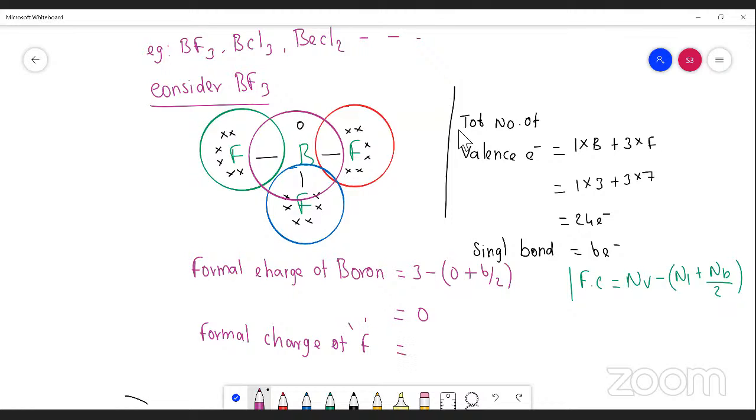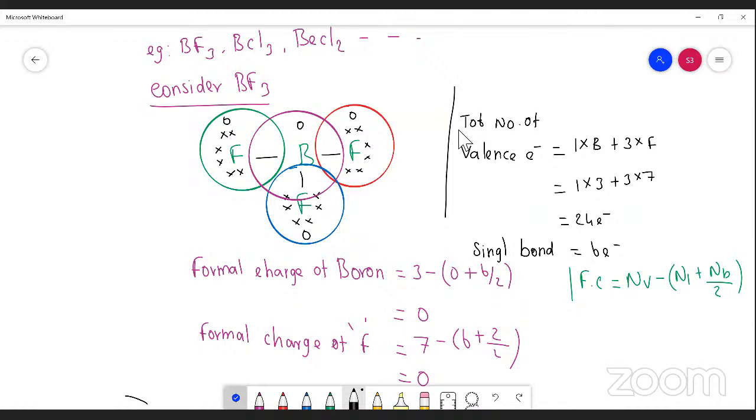The valence electrons are 7, the lone pair electrons are 6, that is 3 lone pairs, plus the bond pair electrons 2 by 2, so this is also 0. All fluorines have 0 formal charge, so the molecule is most stable.